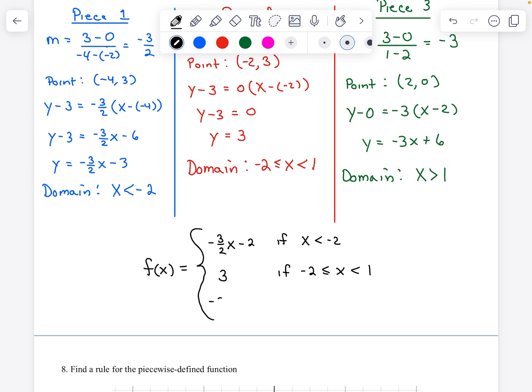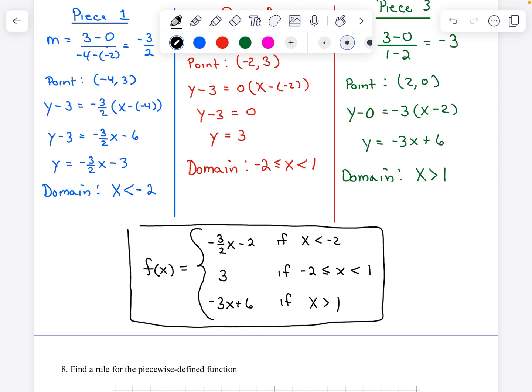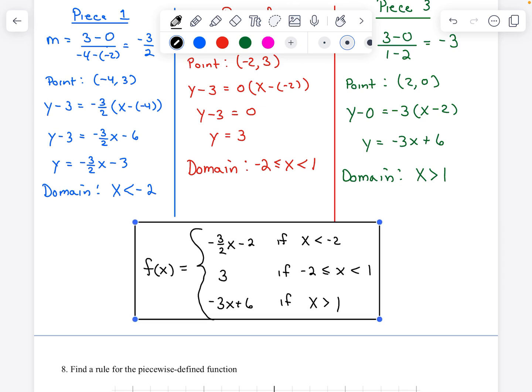And f(x) is equal to -3x plus 6 if x is greater than 1. This is the rule for the piecewise defined function, and we are done.